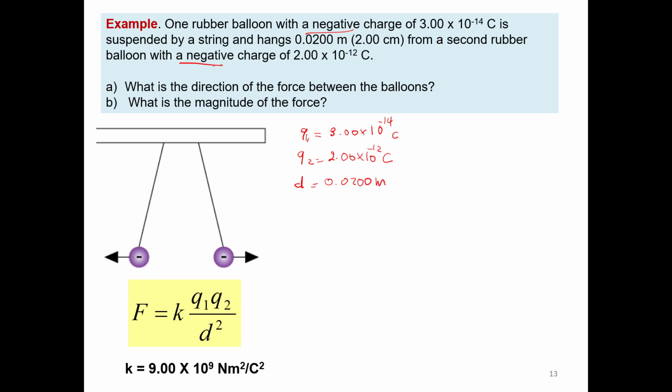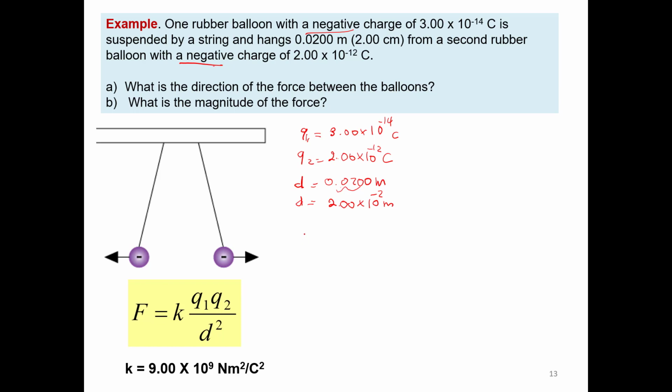I think it will be easier when we are doing the calculations if we write this in scientific notation. Then it's 2.00 times 10 to the power minus 2 meters. Yes, we move 2 places. Now we have everything we need to calculate the force. We just need to apply the equation.